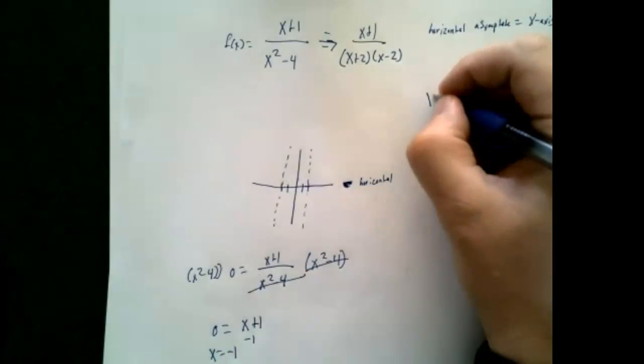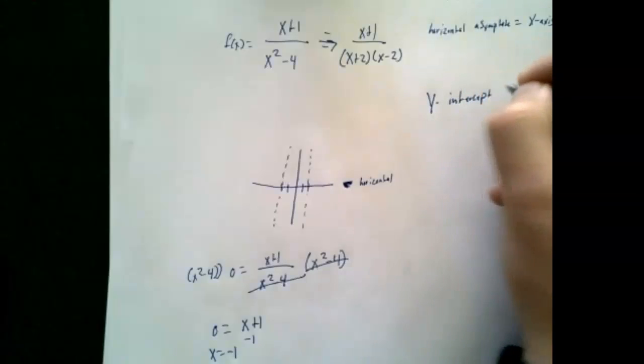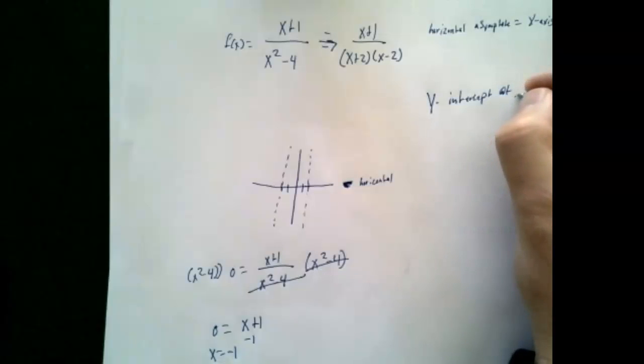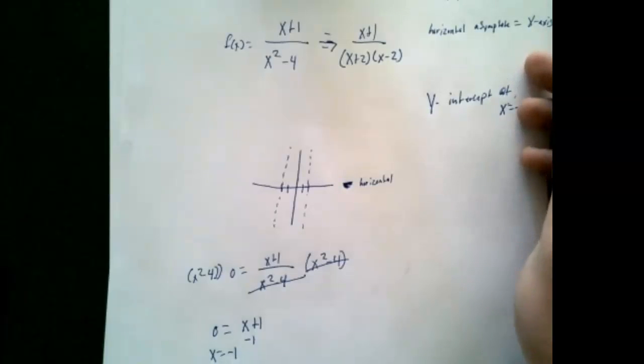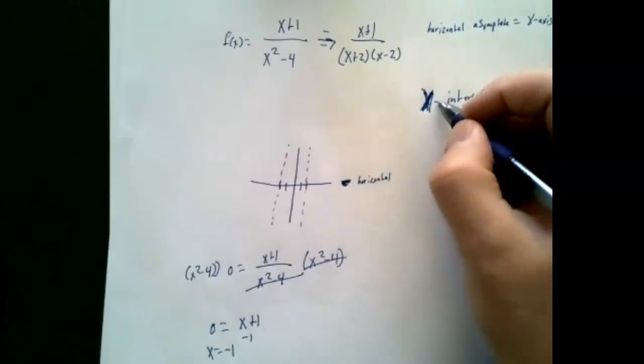So we have a y-intercept at x equals negative 1. What? Oh, that's x-intercept. X-intercept.